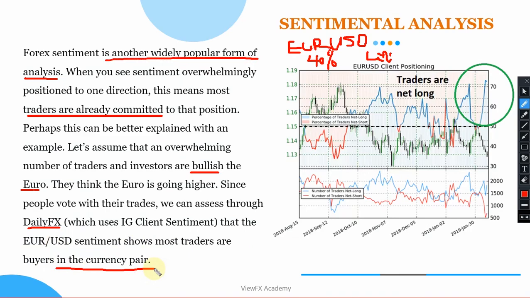So this is using what people are doing to be the basis of your own analysis. Let's say a trade is going, 70% are buying, 30% are selling. You can decide to go with the 70%, thereby buying that market. When you do that, you are using sentimental analysis.